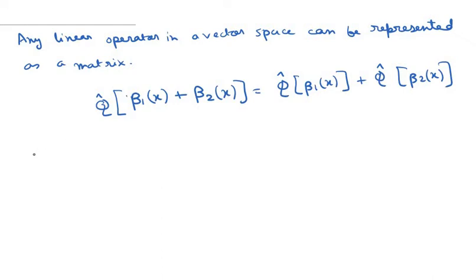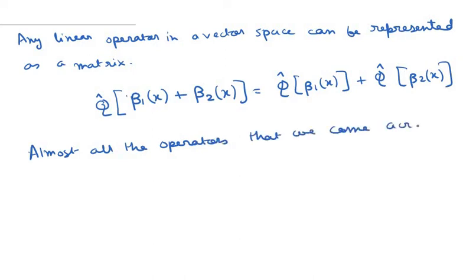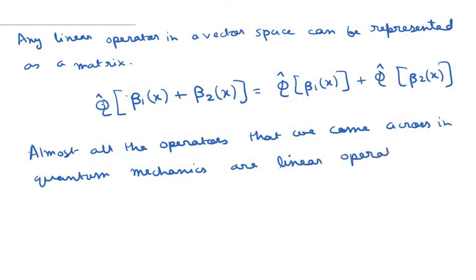Okay, and fortunately almost all the operators that we come across in quantum mechanics are linear operators. For example, this operator del 2 del x2 that we encounter in the Hamiltonian is a linear operator.